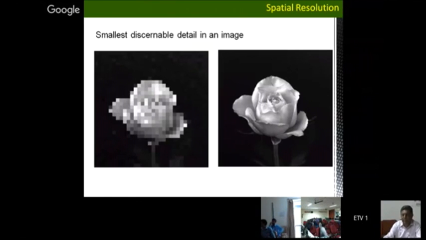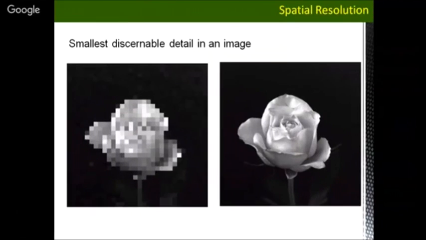Normally you don't see such a bad example of an image, but the left hand figure in the slide shows a poorly spatially resolved image. Poor in the sense you may not find such images common. However, we have this as an example: in case you have fewer megapixels in an image, you will have this kind of image.